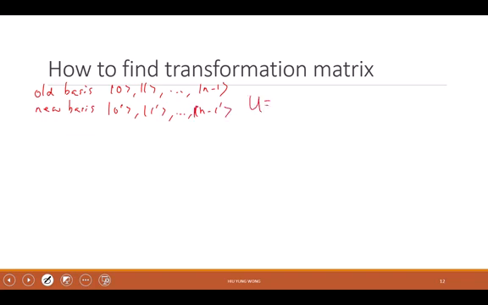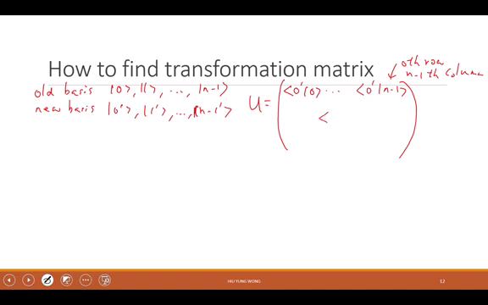U equals to, it must be an n by n matrix, right? Because it's a transformation matrix. New basis, inner products with old basis. This is what? 0th row, n minus 1 column. So each element is i, j.